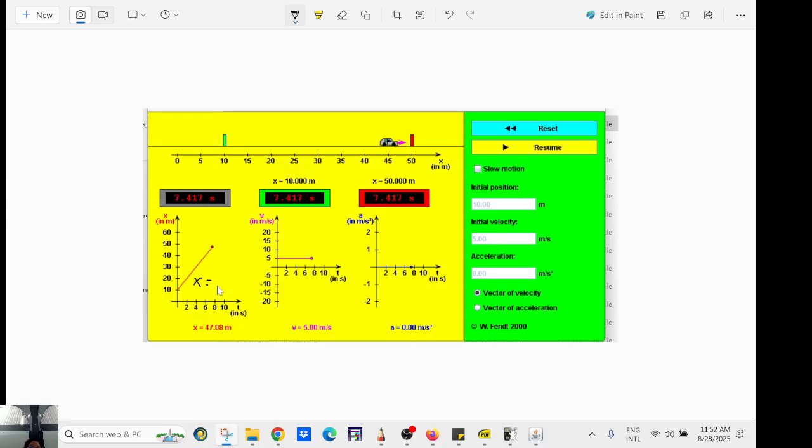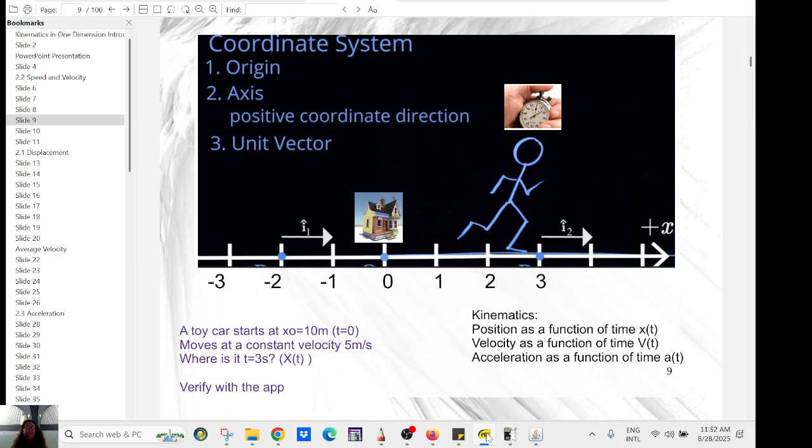So what's the equation of a line? mx plus b. What is b in that case? 10. What is the slope? 5t. Okay, so that will be one equation of kinematics when you have a constant speed. It's just an introduction, don't panic.